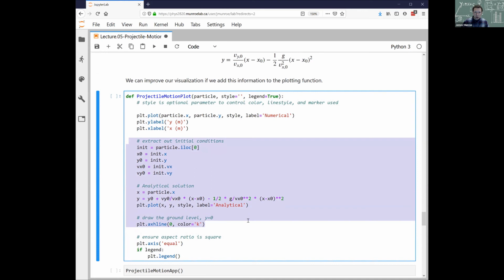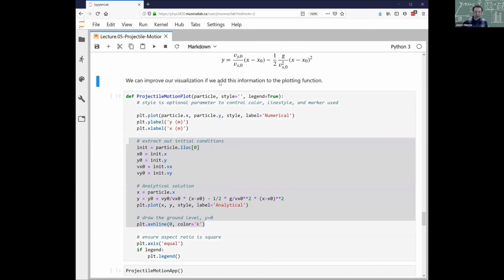What I need to do to figure out the analytical solution is I need to know what the initial conditions are. I need to know what this V0, Vx0, x0, and y0 as well, are in this expression. I have that information in the data set itself. Remember when we run this model, it returns back a data frame, right?